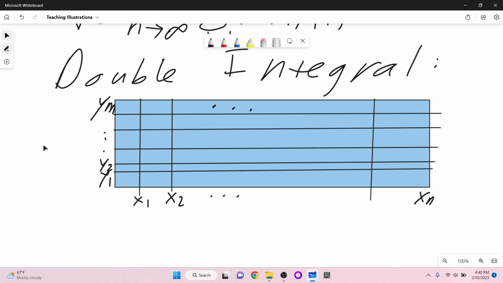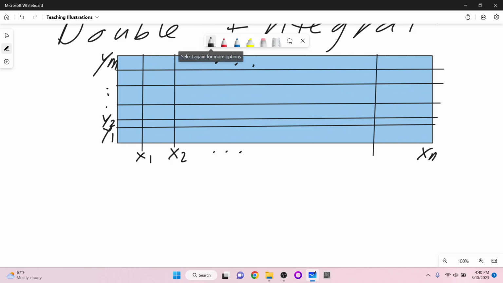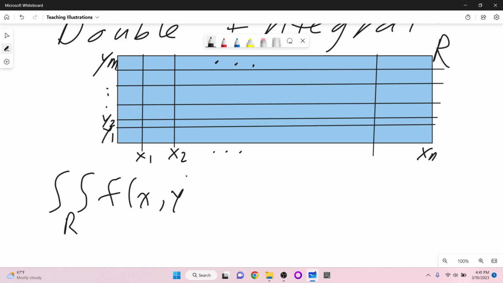So we're going to define a double integral. And again, if we think of the f as representing height, then this is the same as volume. But it can be used for summing up anything that varies, well, not even smoothly, but that varies over a rectangle here. So we'll say the double integral over R, where R is this entire rectangle, of f of x, y, dA. dA represents a tiny piece of area.